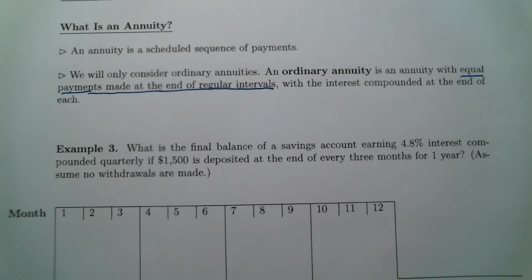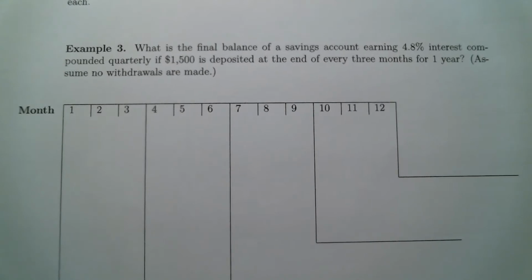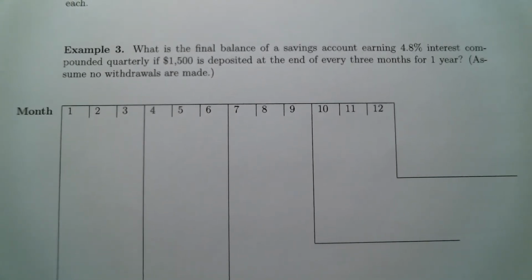To understand how an annuity works, we are going to repeat example 1, where we took the $1,500. If you remember example 1, we deposited $1,500 into a savings account at Bank of America. The difference with example 1 is you just put in $1,500 and let it sit there and earn interest over the course of a year.